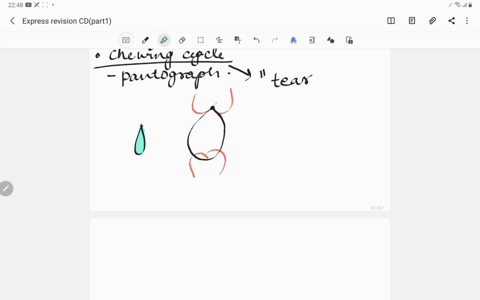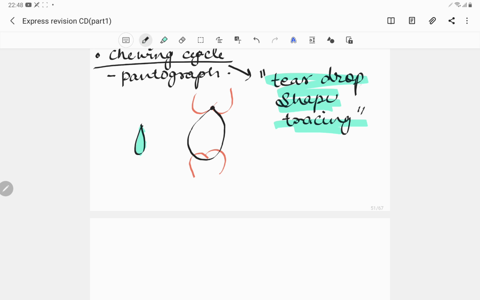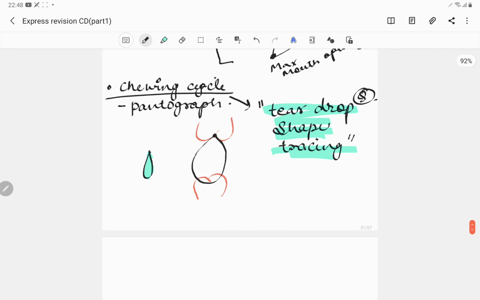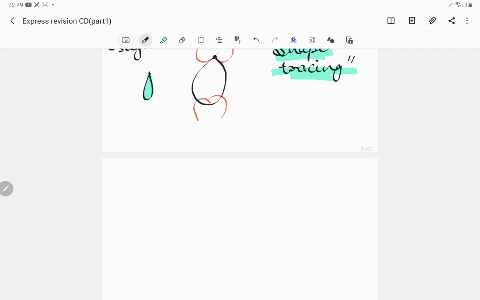So this is a teardrop shape tracing, which is seen for the chewing cycle, recorded in the sagittal plane.